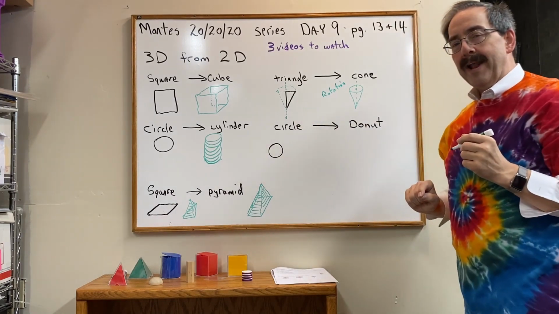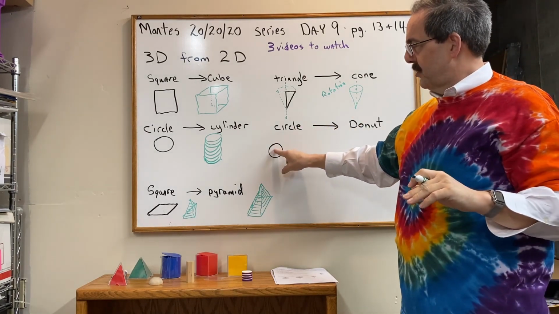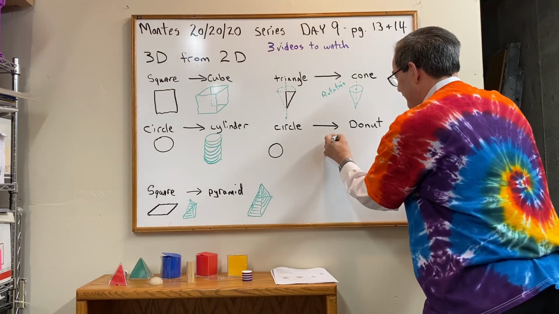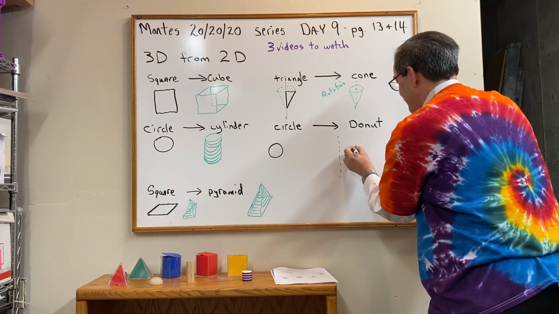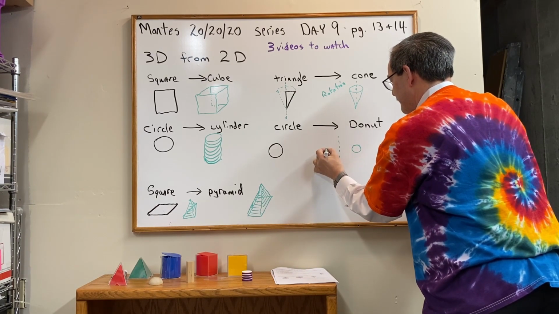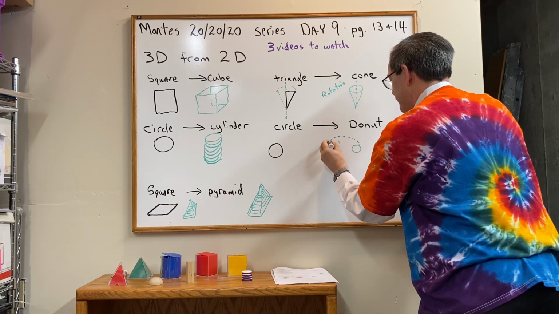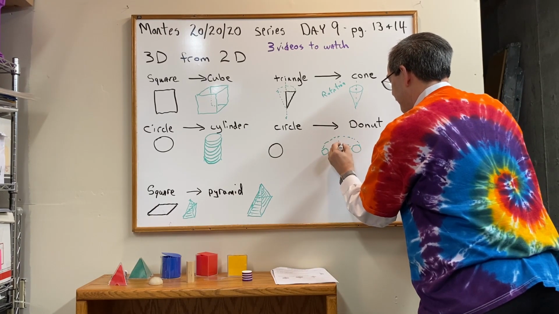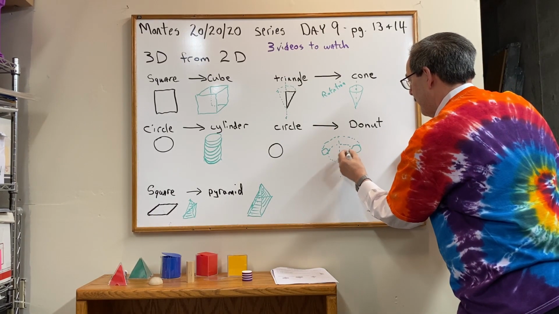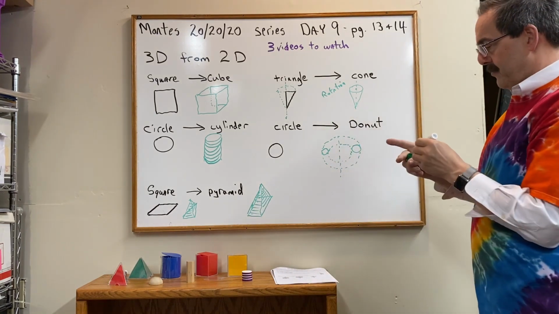How could you make a donut? Can you visualize a donut? How does a circle become a donut? Can you see the donut?